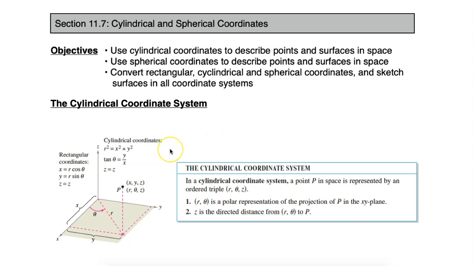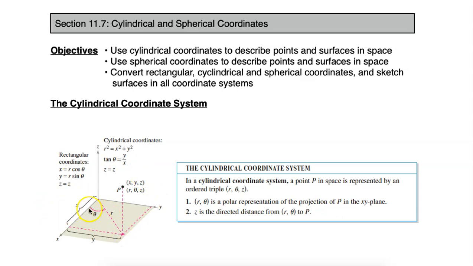The cylindrical coordinate system is built like that. When you have a point P, you can define it using three other variables. One is how far it is from the z-axis, and this is why it's called cylindrical coordinates, because you could say P is on a cylinder that has radius r.